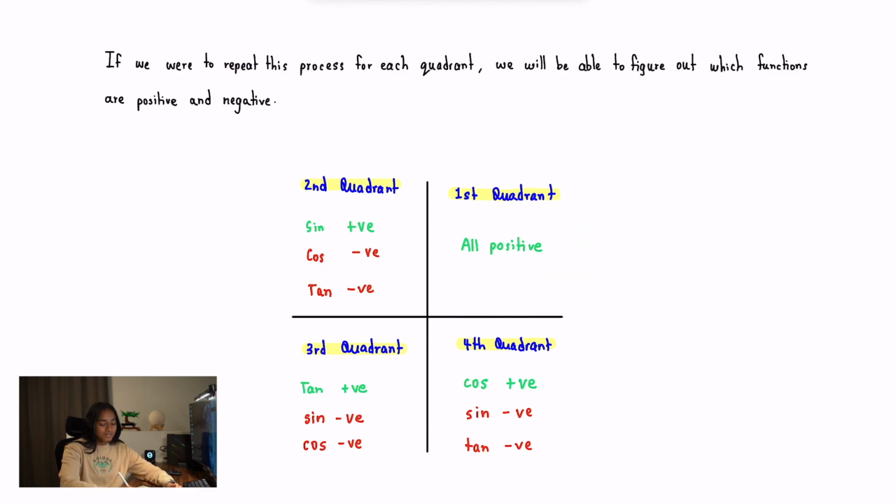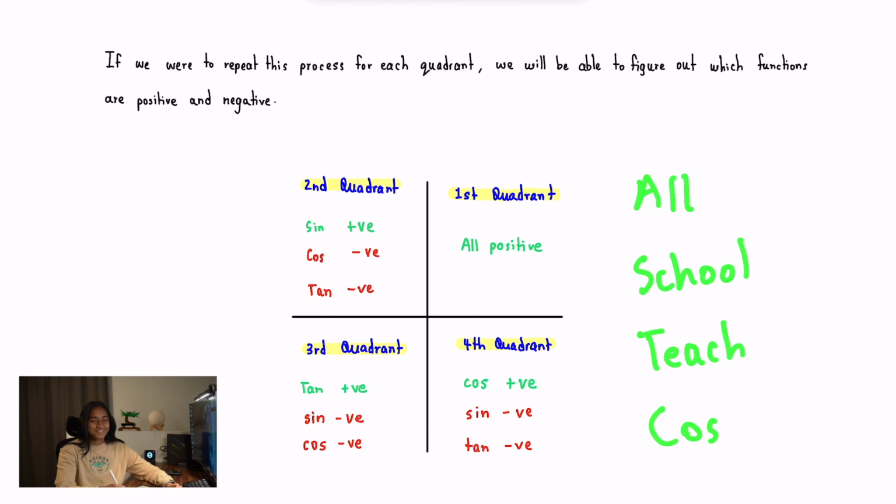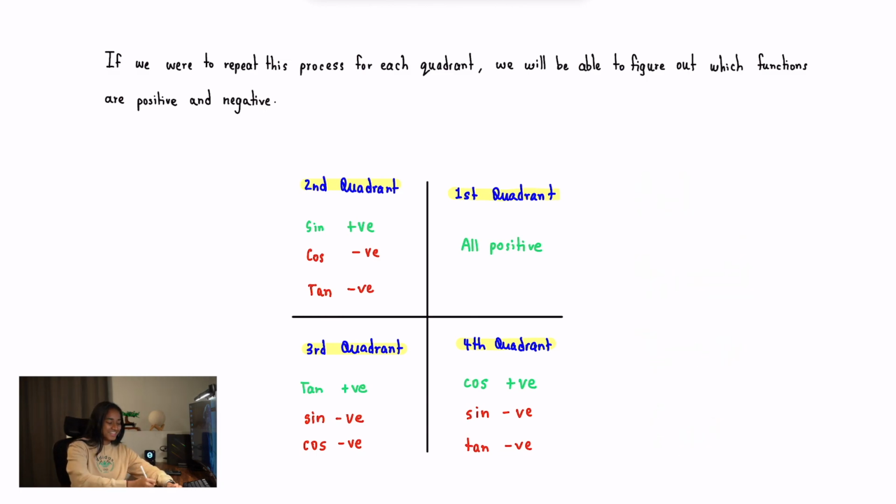So you can remember that by all school teachers. I'm going to put cuss, but I think you all know what we mean by that. So all school teachers cuss, right? So we go in like that, and that's how we remember the positivity and negativity of functions in certain quadrants.